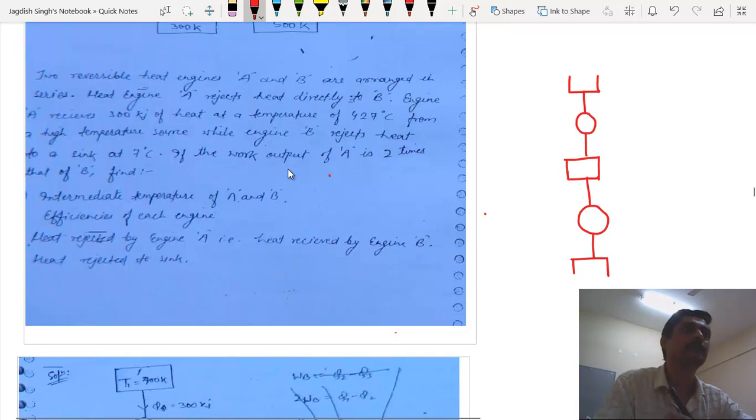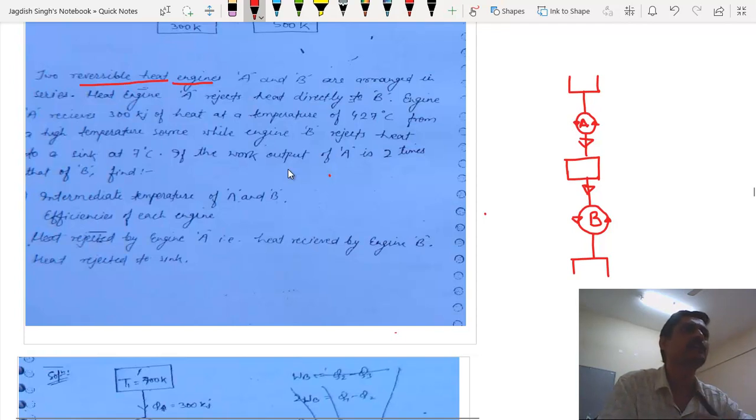This is engine A and engine B. Both are reversible heat engines, remember, arranged in series. That means heat engine A rejects heat directly to engine B. Whatever heat engine A rejects, the same amount of heat is received by engine B. That means heat rejected by engine A is the same as heat received by engine B. Right?